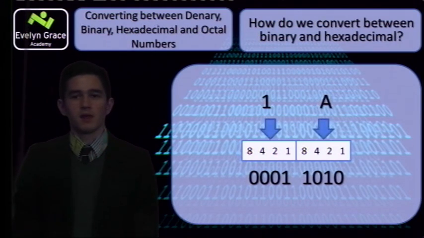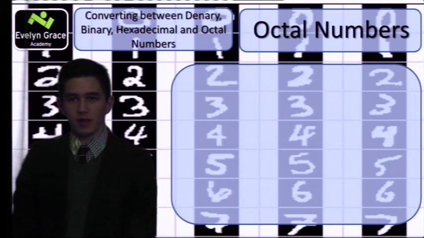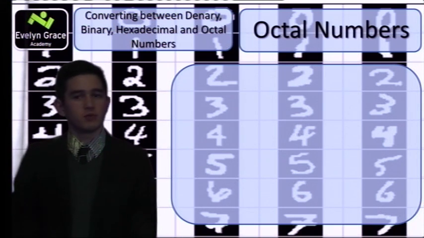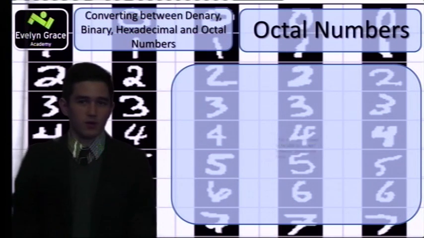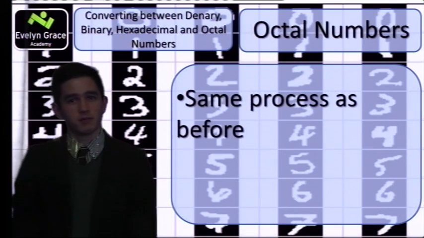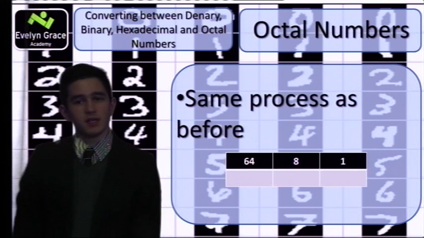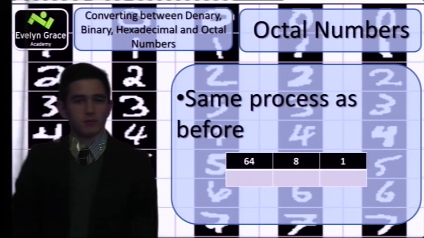Okay. So, if you're doing GCSE, you can stop there, that's fine. You do not need to worry about octal numbers. If you're doing A-level, you need to know how to convert octal numbers as well. So, it's the same process as before. Octal is a base 8 system, so that means each column is 8 times the previous one.